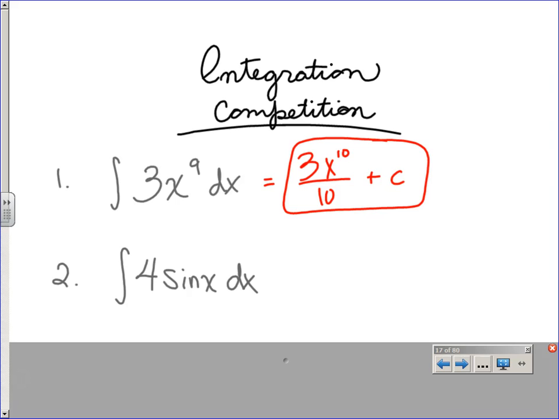Got it, group 2. Got it, 5. Got it, group 4. Look at you guys memorizing your rules. I'm so proud. 6, 5, 5, 6, 4. There we go.